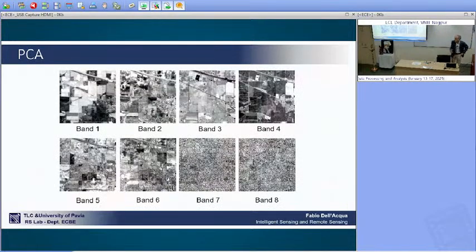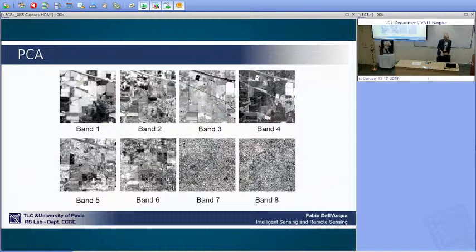It removes correlation. So when you do, for example, PCA on the Indian pines data set, you will notice, even visually, you can assess that. The Indian pines data set contains 220 bands. But when you do PCA, you get only 6, maybe 7 bands with a significant information content.